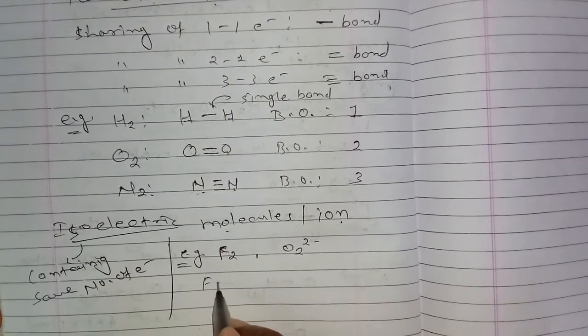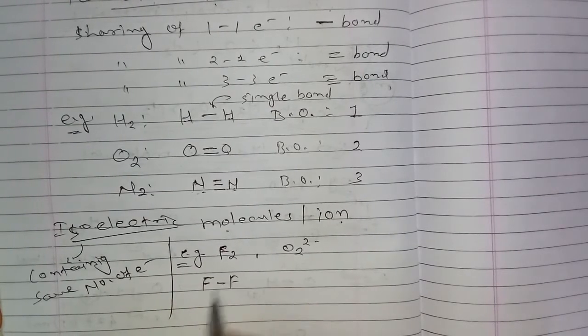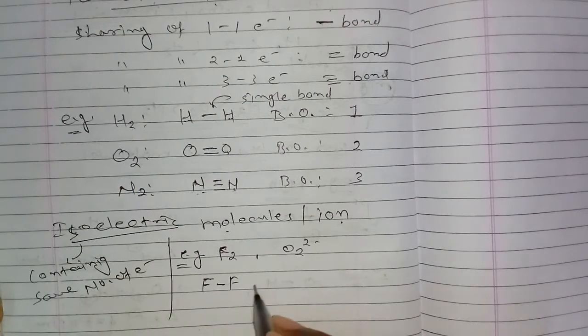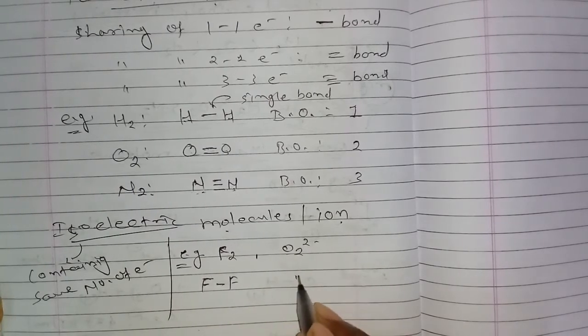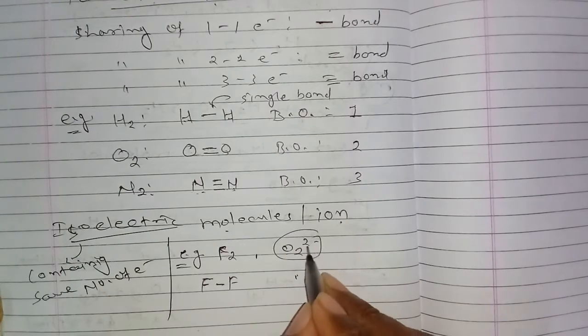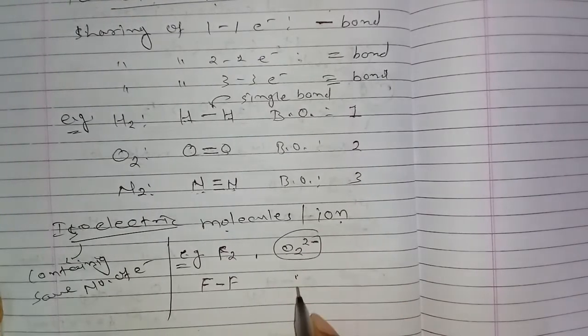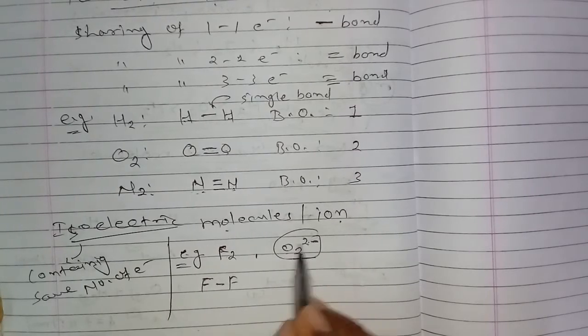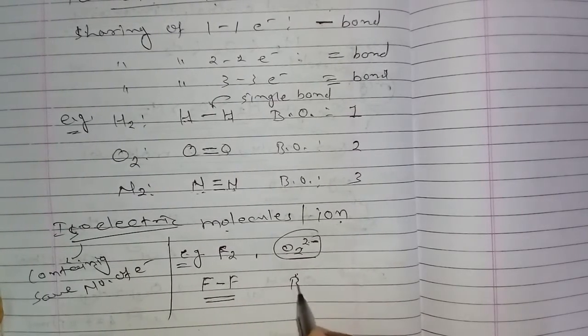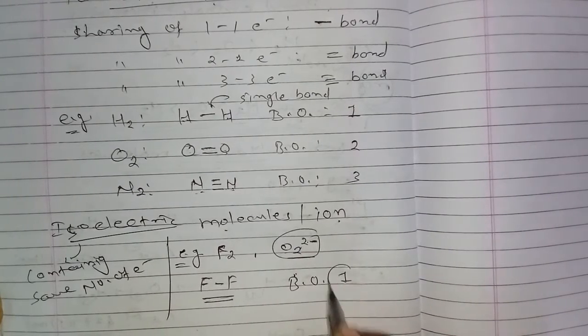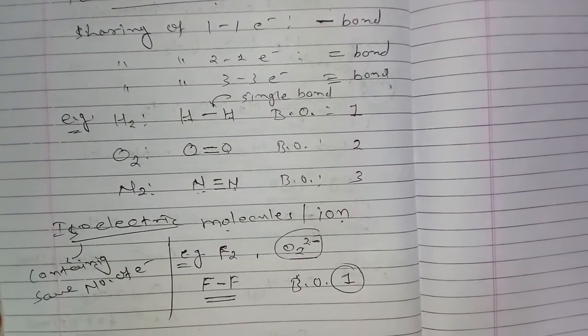Here between two fluorine atoms, there is a single bond. The two oxygen atoms are also isoelectronic species. Its bond order will be 1.